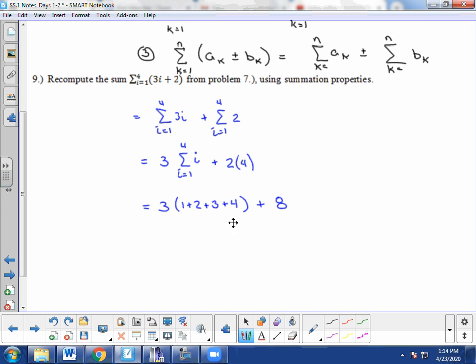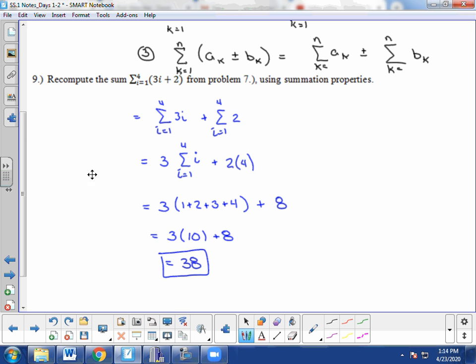So 1 plus 2 plus 3 plus 4 is 10. 3 times 10 is 30. So this is 38. So this is the same answer that we got in 7a, but it's just a different way to work it. Now this may not be easier necessarily if you had to write out all this work, but if you could quickly mentally go from here to here, that would be a pretty quick shortcut.